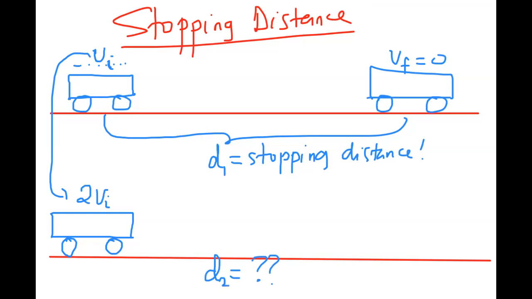When you are skidding to a stop, the wheels are locked and not rotating anymore, that means the car will be skidding to a stop, right? Does that depend on how fast you are traveling initially? That's the question. What's the relationship between the stopping distance and the velocity that you had when you started slowing down?